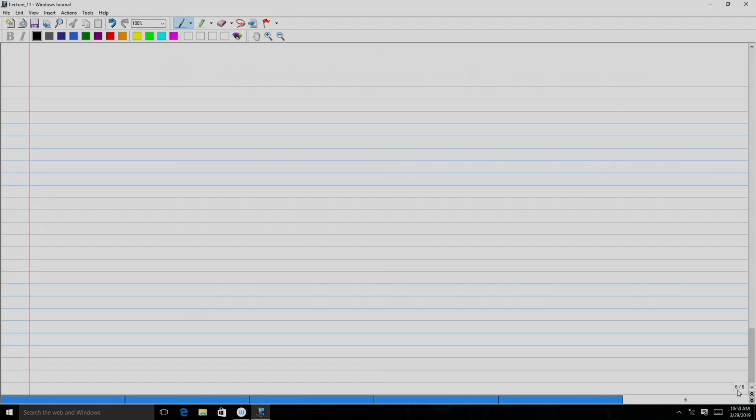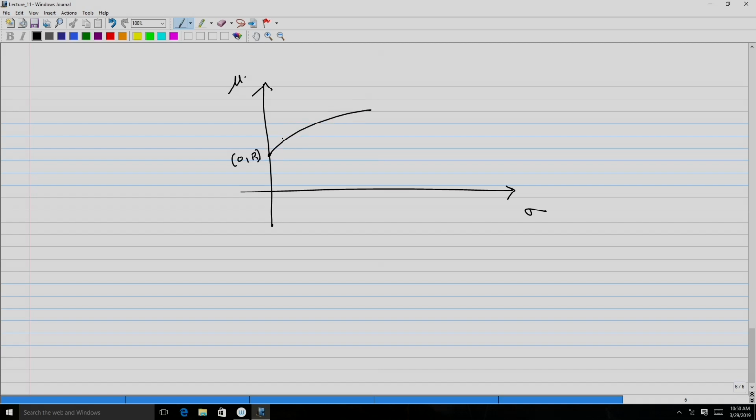So, let us see how this looks like graphically. So, this is my sigma mu plane, and this is my completely risk free portfolio, and this is going to be the hyperbola, and this is the tangent line, and this is the CML.